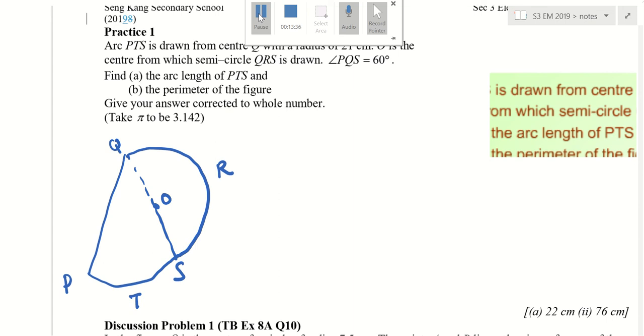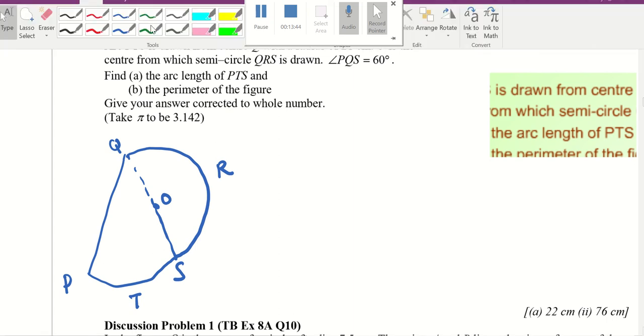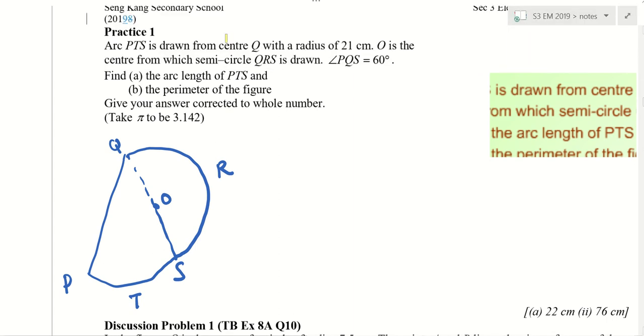Do you see that there are two centers here and two outlines here? So I want you to take a highlighter. This is center O, very obvious. And this is the arc length. Later on, if you want to use the radius, I will use OQ, I will use OS.